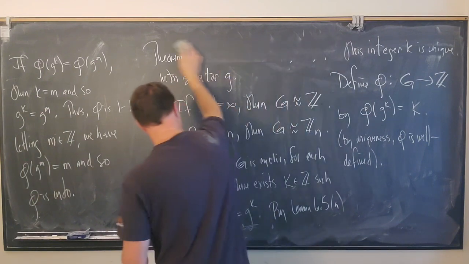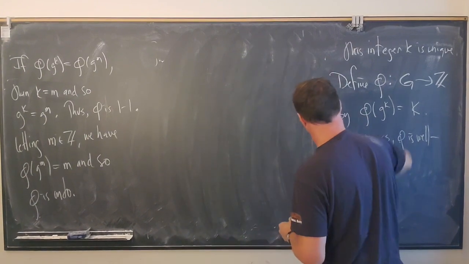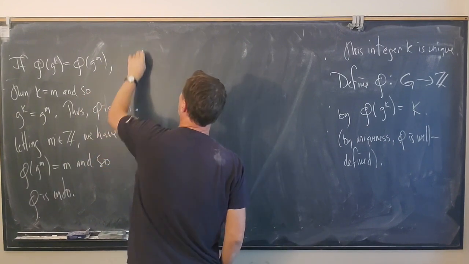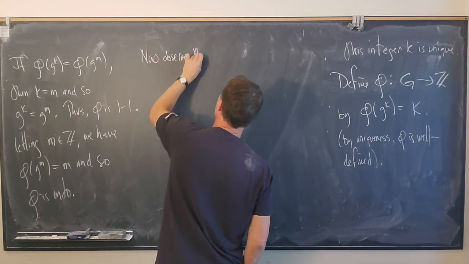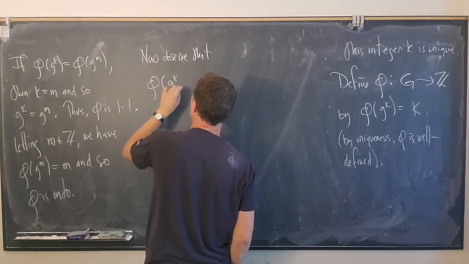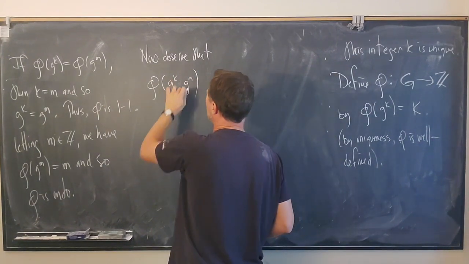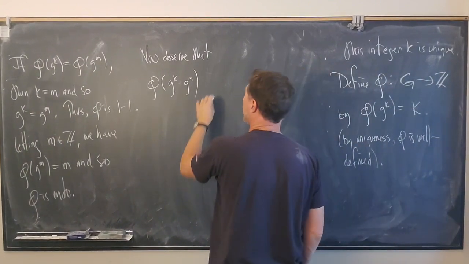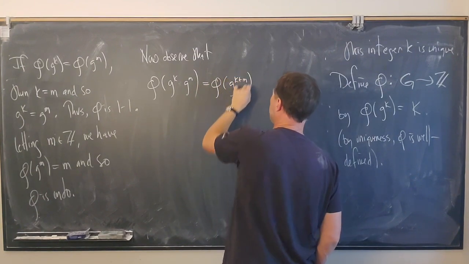Now we need to show that it respects the operation. Observe that phi of g to the k times g to the m, where we multiply inside and just use juxtaposition, is equal to phi of g to the k plus m.